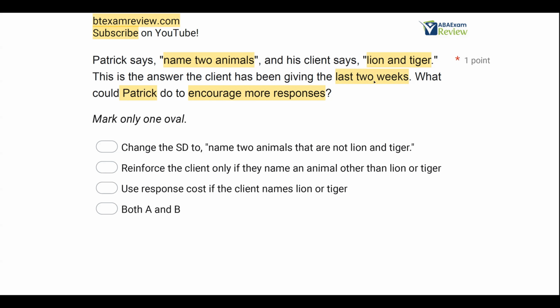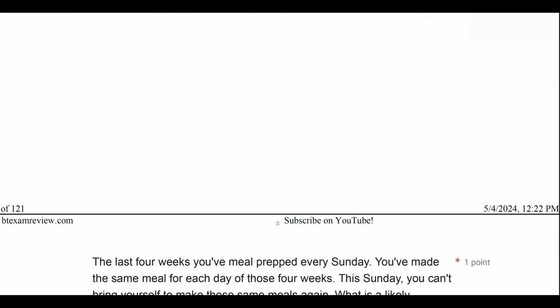A response cost is going to decrease lion and tiger, but it does not mean it's going to increase other behaviors. So if Patrick wants to encourage more responses, it's going to be both A and B. He can change the SD or instruction to name two animals that are not lion and tiger, or he can reinforce the client only if they name an animal other than lion or tiger.